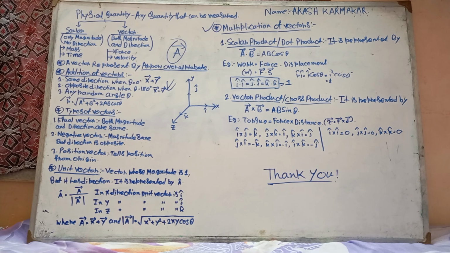For opposite direction vectors, the angle between them is 180 degrees, and it is represented by x vector minus y vector. The third is if we take any random angle theta, then the resultant r vector equals root over of a square plus b square plus 2ab cos theta.